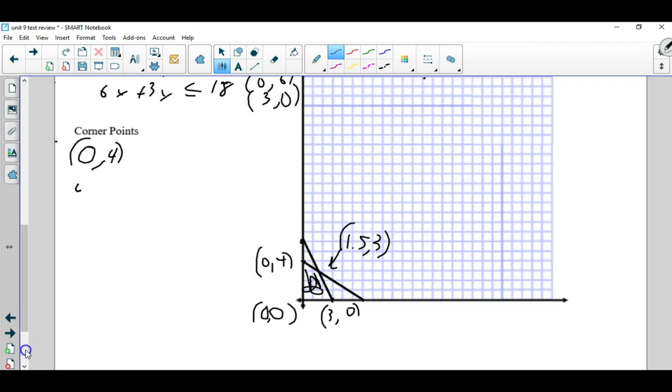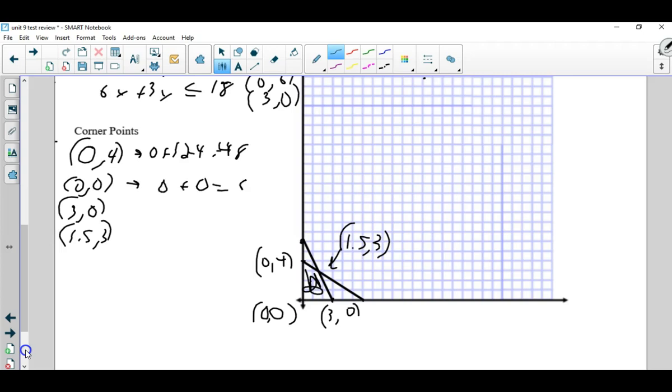So 0, 4, 0, 0, 3, 0, and 1.5, 3. So I plug these in, I get 0 plus 12 times 4, which is 48. 0, 0 obviously is 0 plus 0 equals 0. 3, 0 is 18 times 3 plus 0 equals 54.